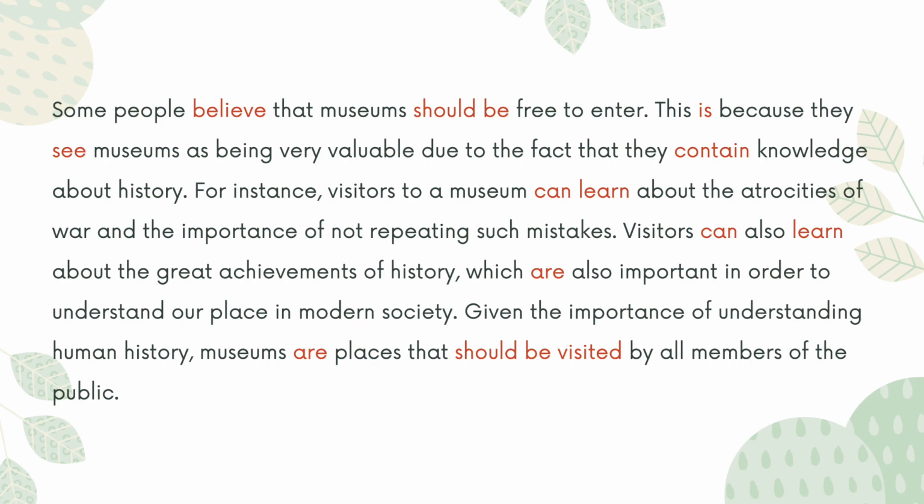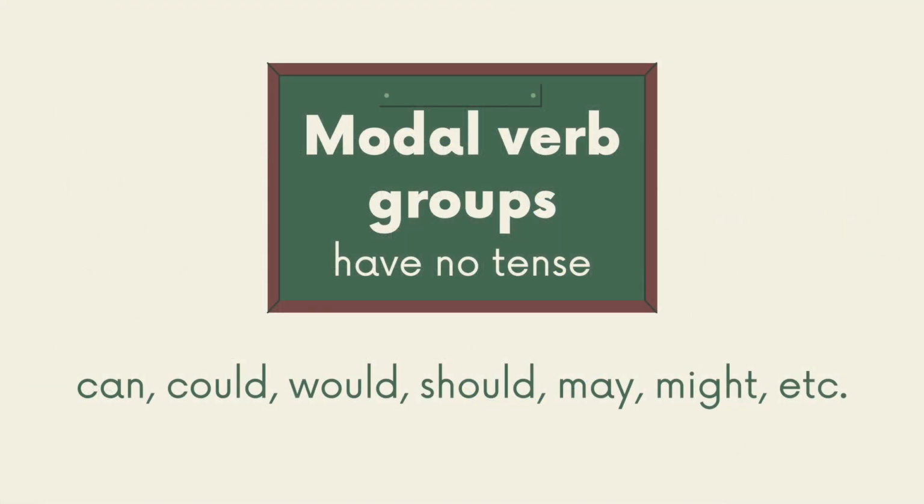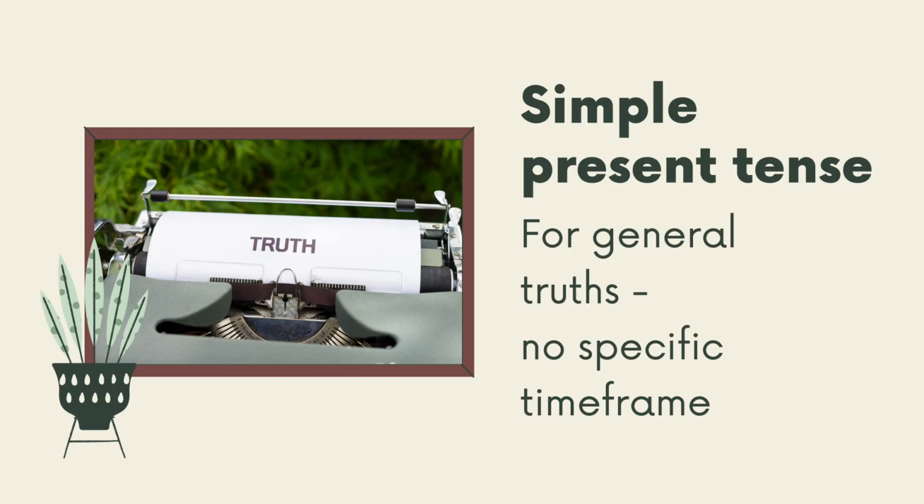Of the 10 verb groups in this paragraph, 6 are simple present and 4 are modal. Modal verb groups, beginning with modal verbs such as can, could, would, should, may, might, and so on, do not have tense, so we can ignore them for now. It seems then that this paragraph lacks a variety of verb tenses.